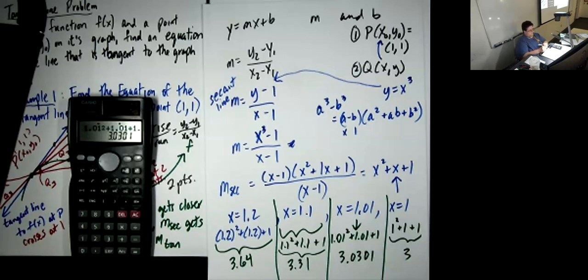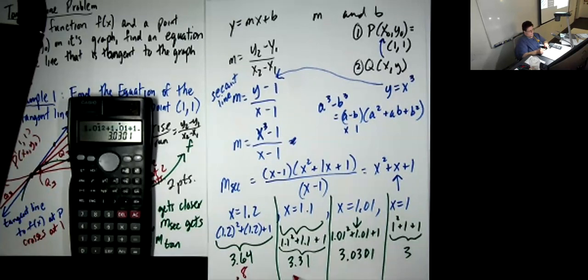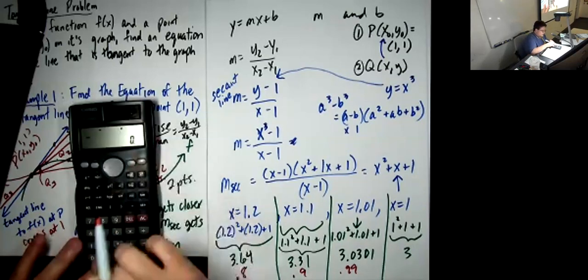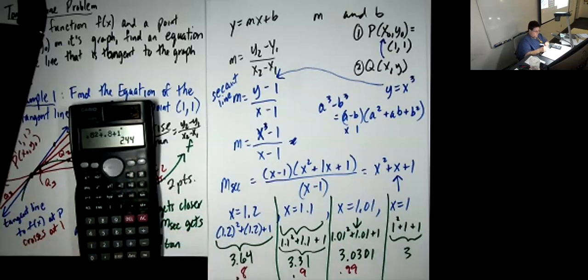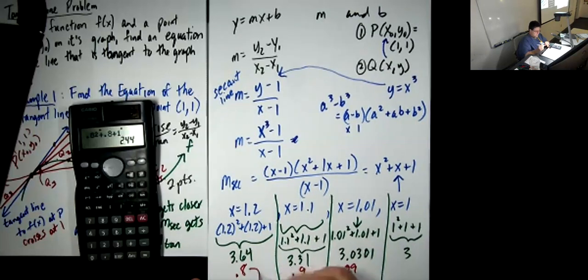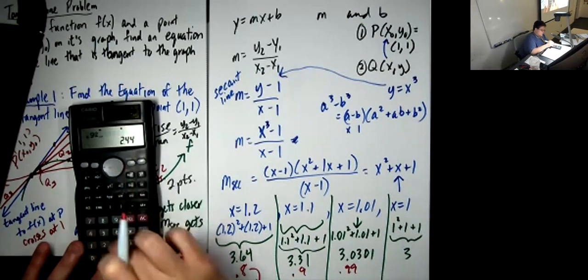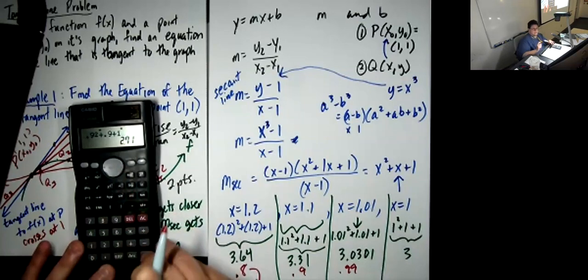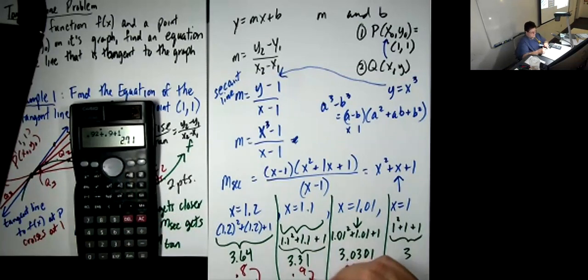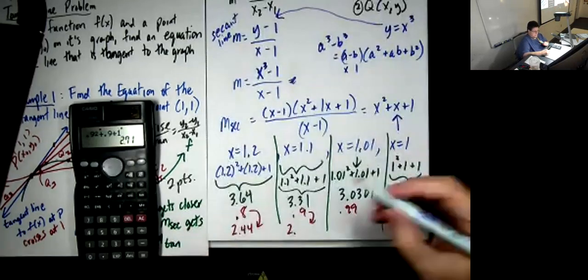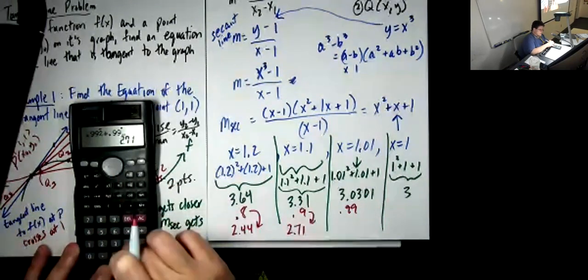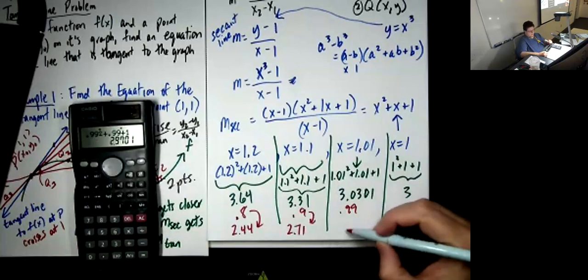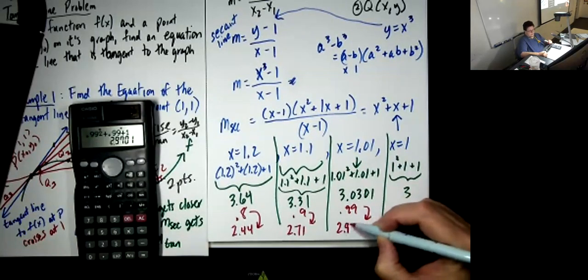If we had done like 0.8, 0.9, 0.99, let's see what those values are real quick. 0.8 squared plus 0.8 plus 1 is 2.44. 0.9 squared plus 0.9 plus 1 is 2.71. And 0.99 gives 2.9701.